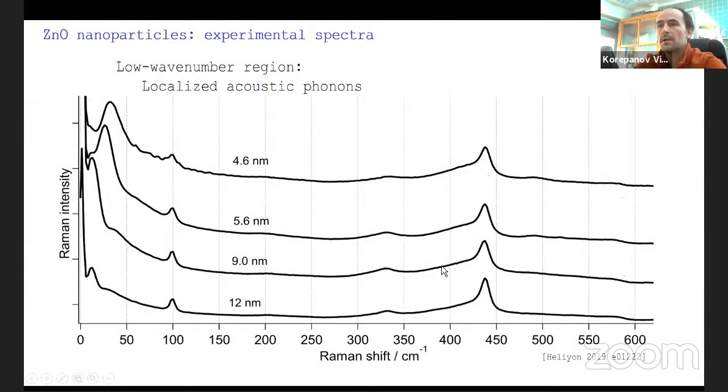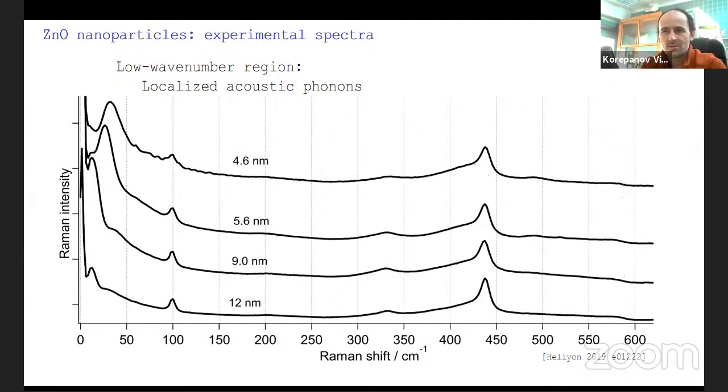materials. When it comes to different materials, only recently it became possible to apply this kind of phonon confinement model to more complex materials with complex Raman spectra, like zinc oxide. It has several bands. So in this picture, you see experimental spectra for different sizes, and these experimental spectra show very clear size dependence, especially in the low frequency region.